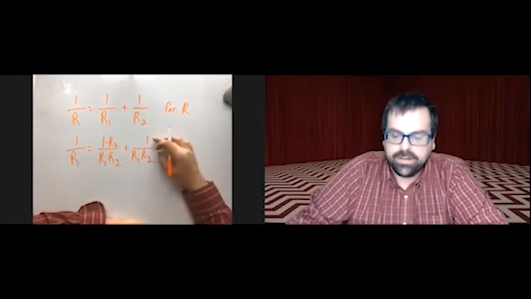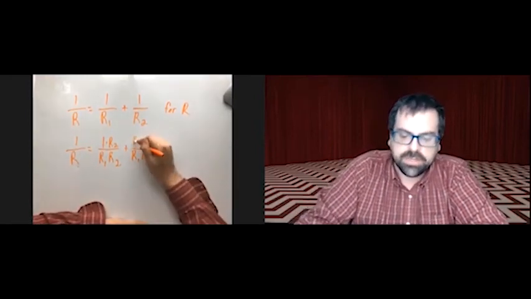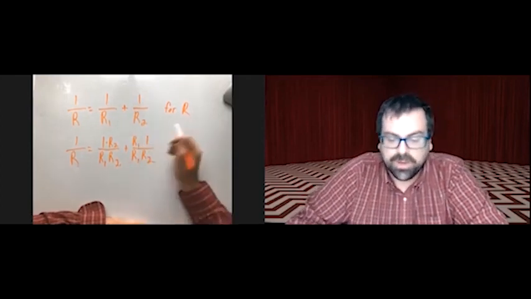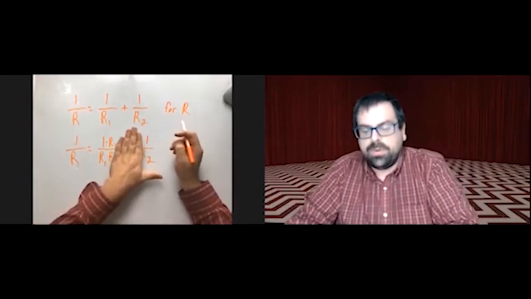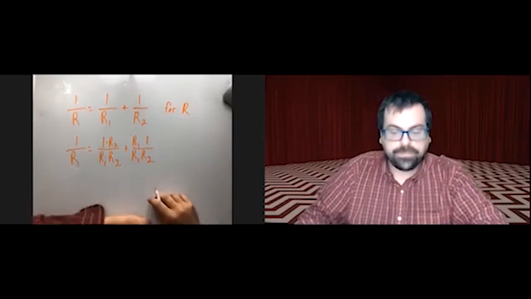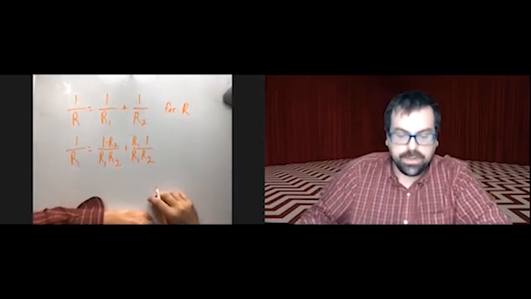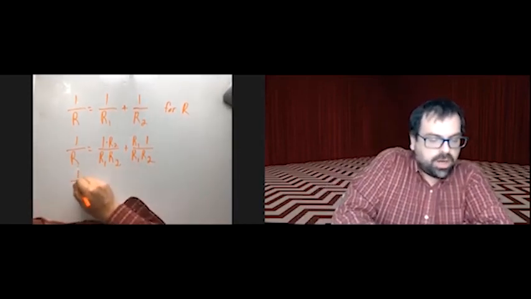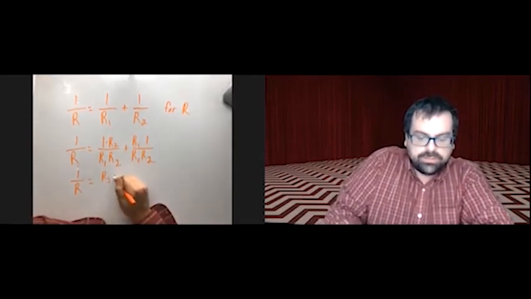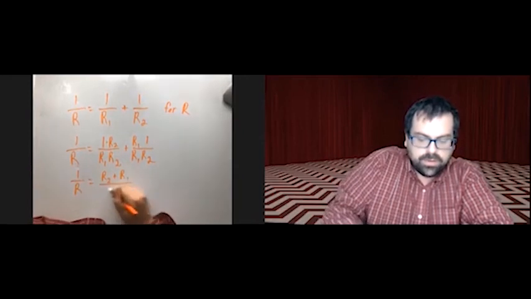And we had the 1 over r sub 2, so it needs to be multiplied by R1 over R1. What we had times 1. So we have 1 over r equals, this is R2 plus R1 over R1 times R2.